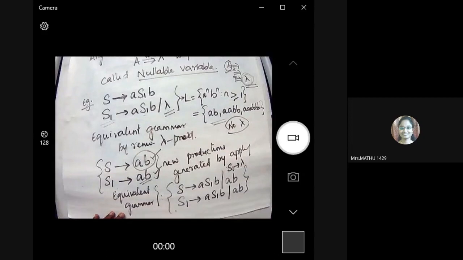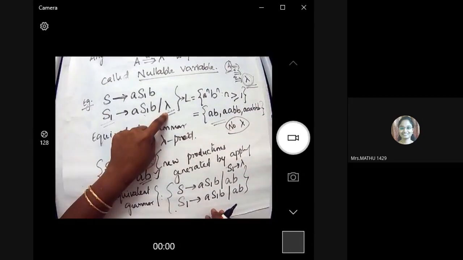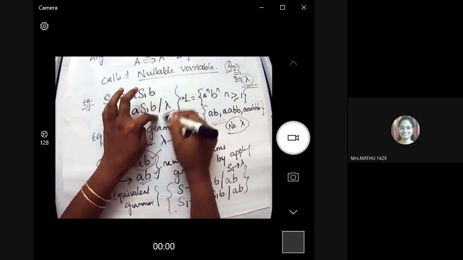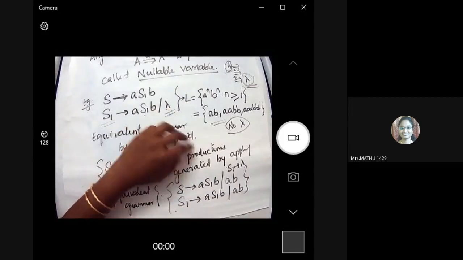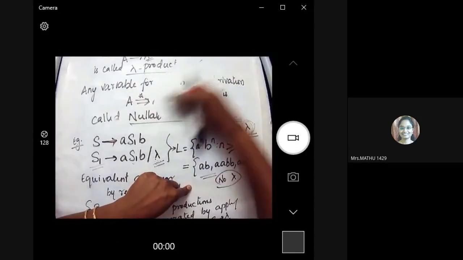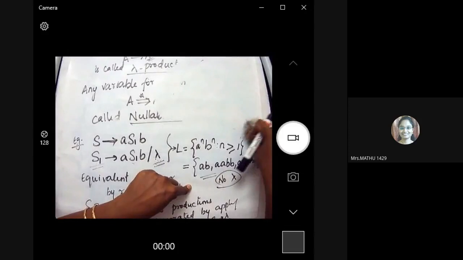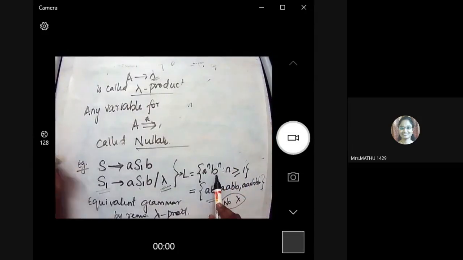See, we want to remove this lambda production. You cannot simply remove that lambda production from the grammar. Before removing this lambda, why is this lambda used in this grammar actually? You can see here, the language that it is generating is a power n, b power n.